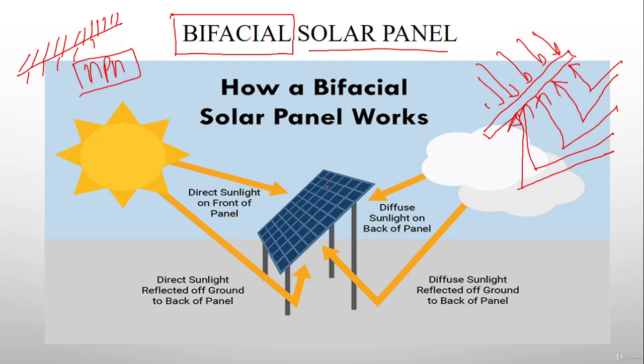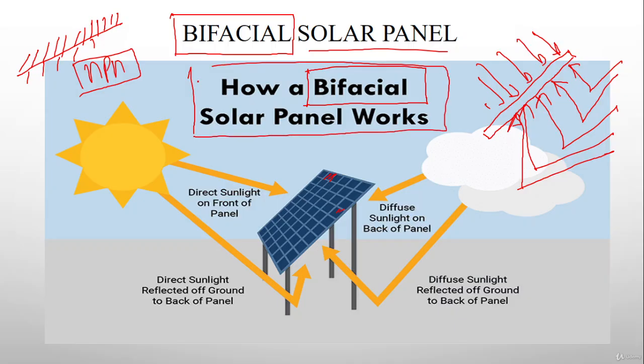That is why the bus bar is available on the front side and also on the back side. So the diffuse sunlight, the albedo of sunlight or the reflection of sunlight, is absorbed from the back side also. This technology is very popular in the market, and it is a new trend in solar panels, so that we can use it in solar home systems and get the maximum amount of solar power.